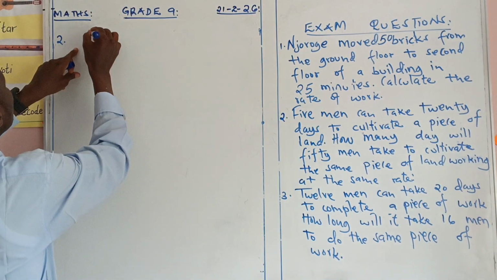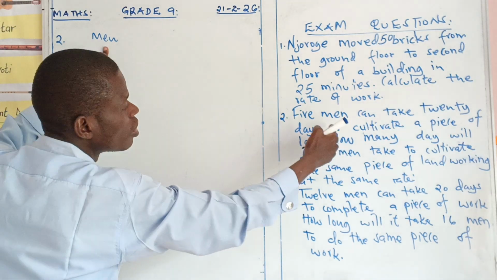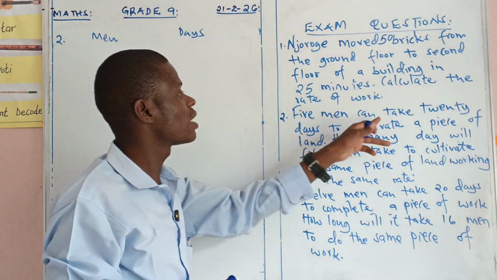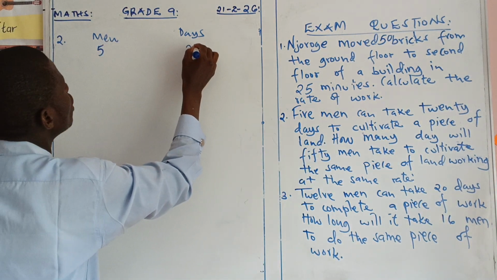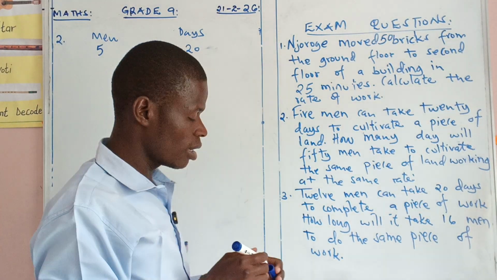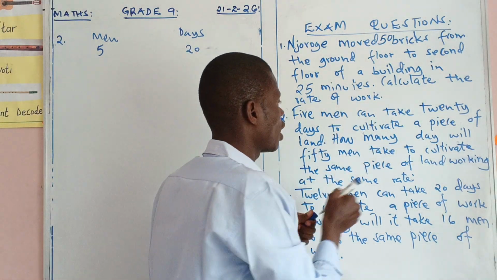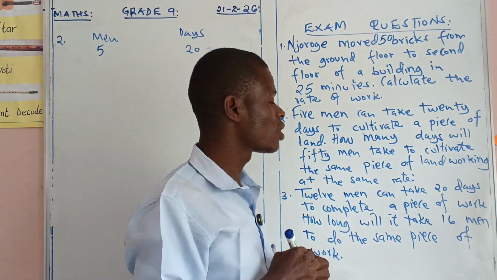So I'll have men, then days. So 5 men can take 20 days to cultivate a piece of land. How many days will 50 men take to cultivate the same piece of land?